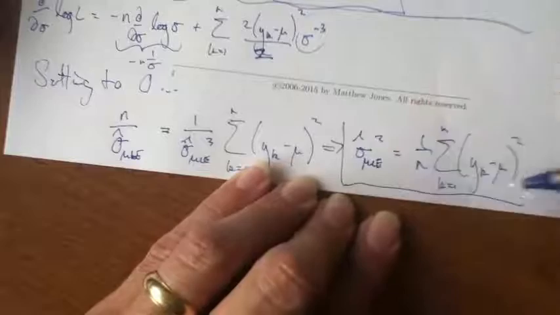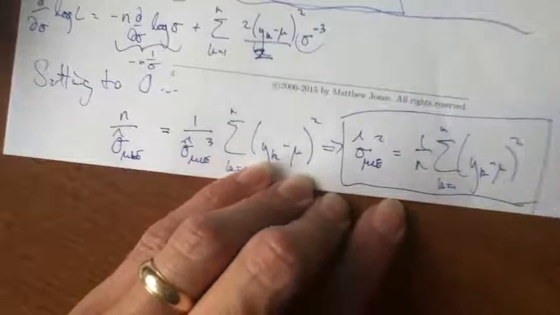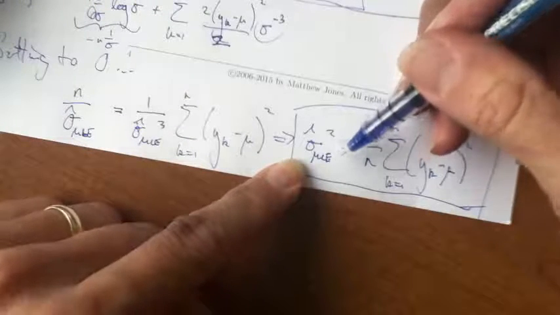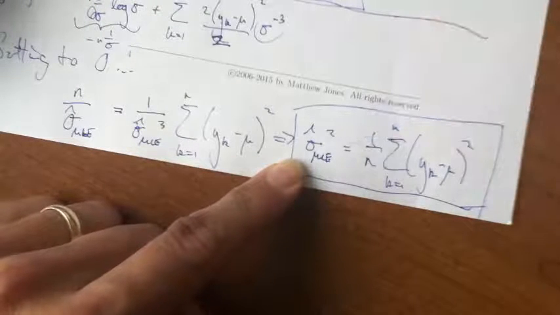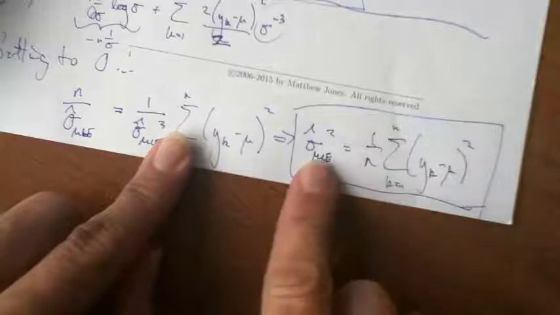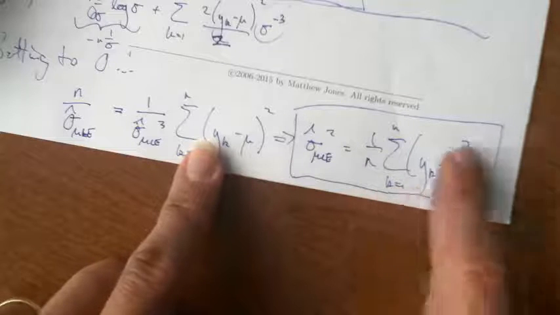So what does this say? This is pretty incredible, actually. The maximum likelihood estimate for the variance, maybe we should say the square of the maximum likelihood estimate for the standard deviation, is actually 1 over n times the sum of squared deviations from the mean.